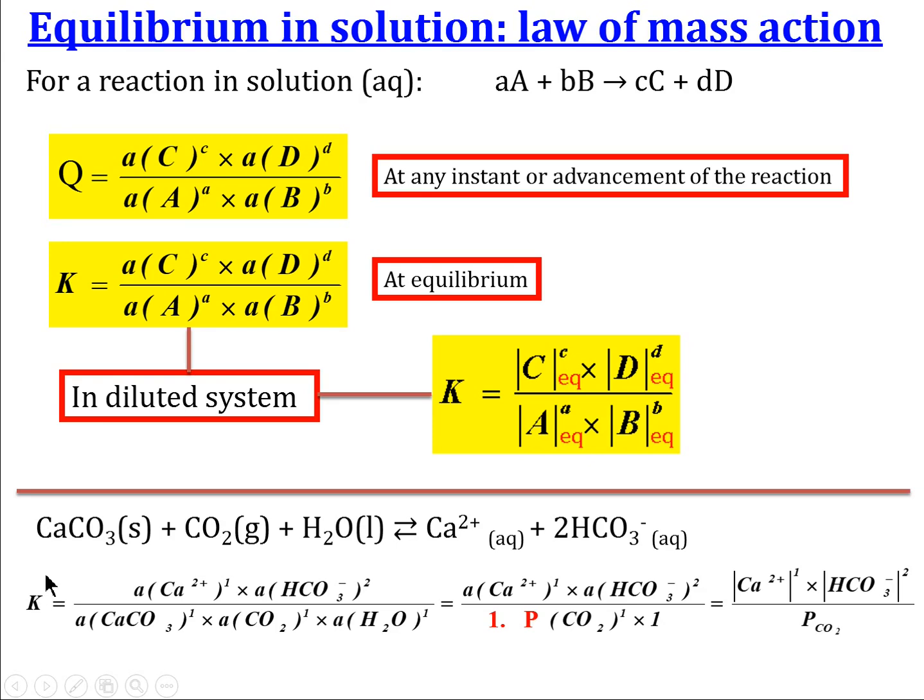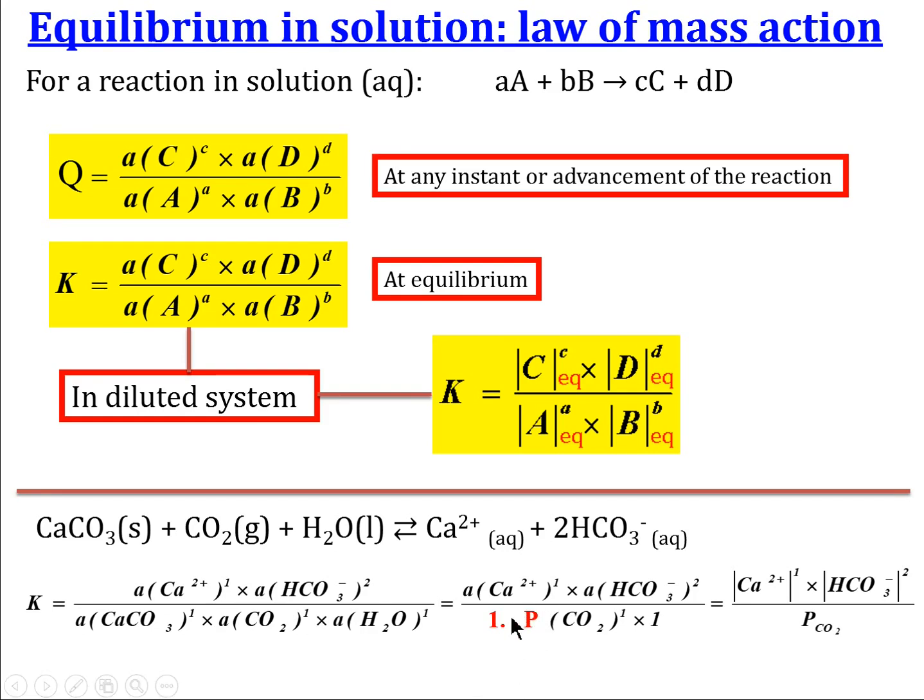The equilibrium constant is given according to the activities of the products on the reactants according to the stoichiometry. So K equals activity of Ca2+ to the power 1 times activity of HCO3- to the power 2 divided by the activity of the solid, which is equal by convention to 1, over the activity of CO2 gas.